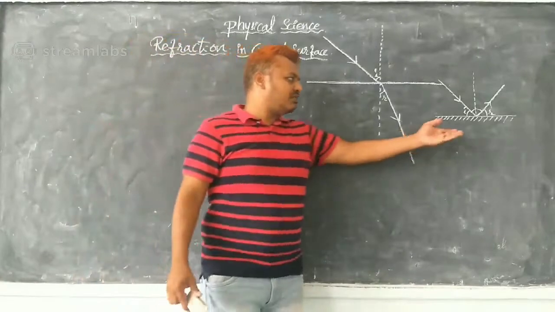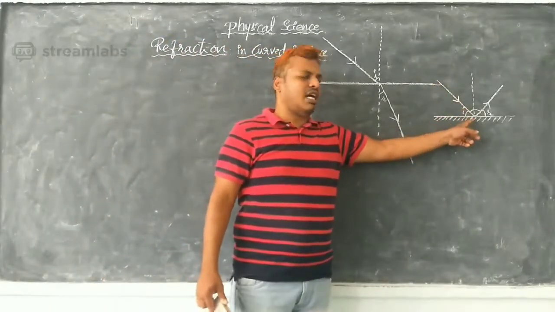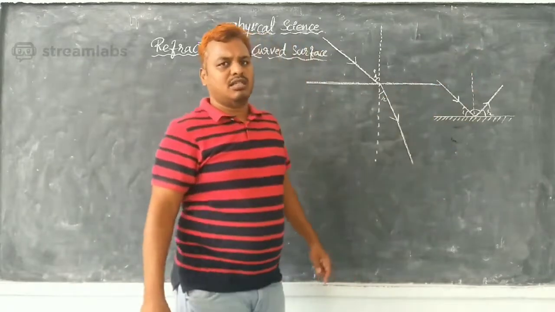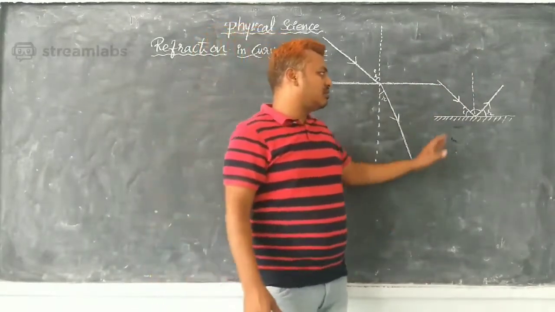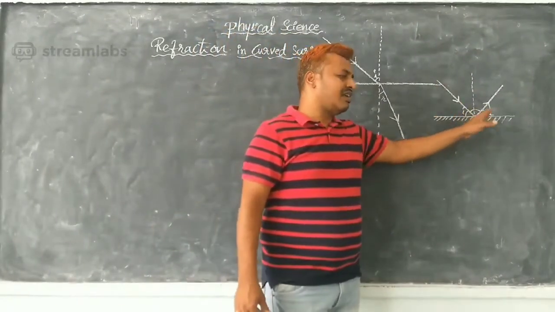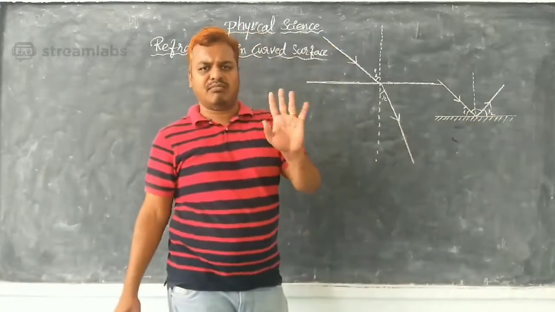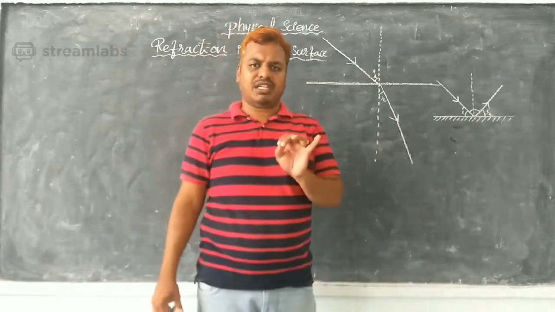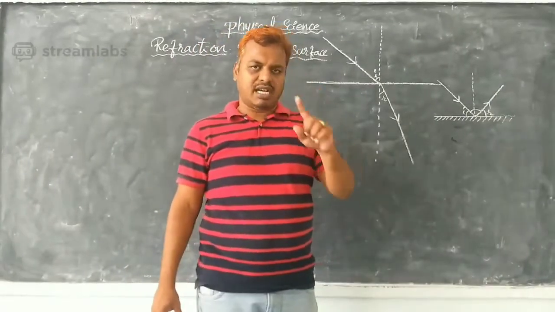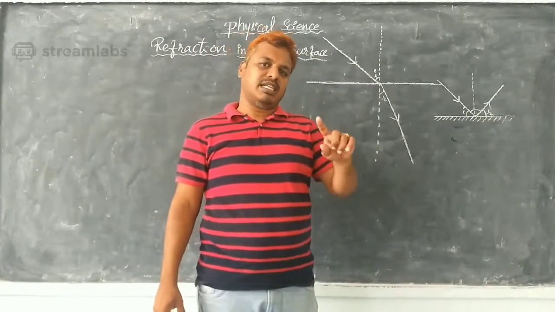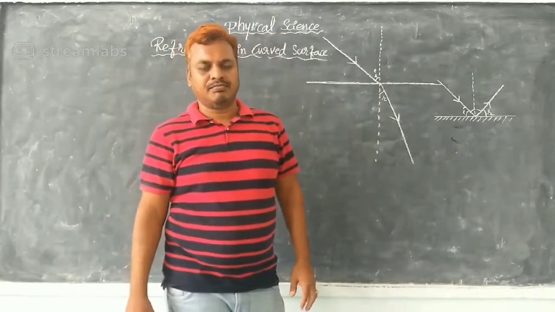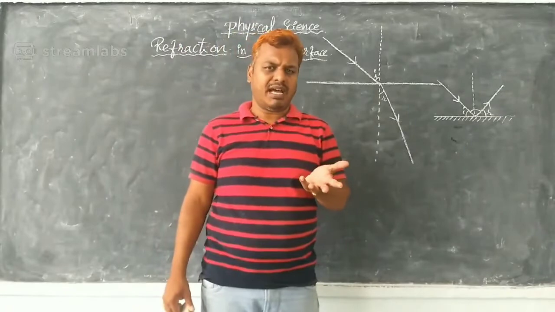In reflection, we see a light ray comes and hits the surface and then reflects back, right? So the incident angle and the reflection angle are both the same. In a plane mirror, a plane reflecting surface, when a light ray falls on the surface, it gets reflected and both have the same angle.